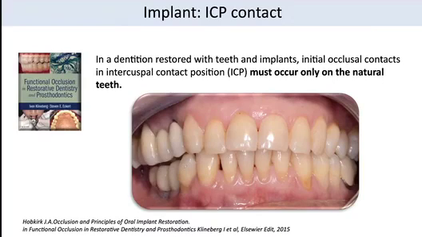And if you follow this principle, you obtain this out of occlusion. Not 10 microns, 2 millimeters of infraocclusion. That is a risk. That is a problem.